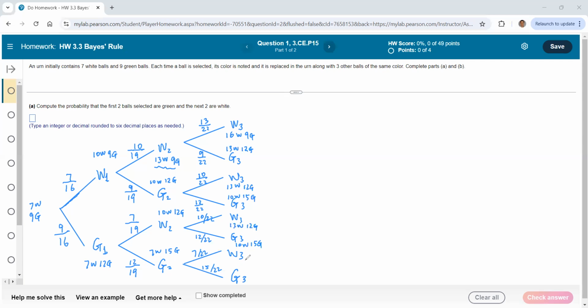Okay, so W3, what do I have? You have 10 white, 15 green. And for G3, you have 7 white and 18 green. All right. Okay, finally, we have, let's just make some space.